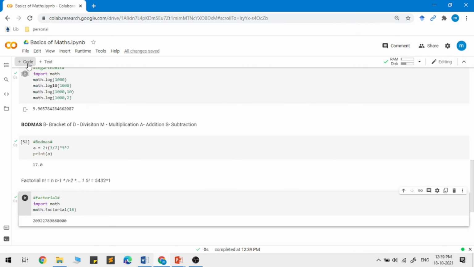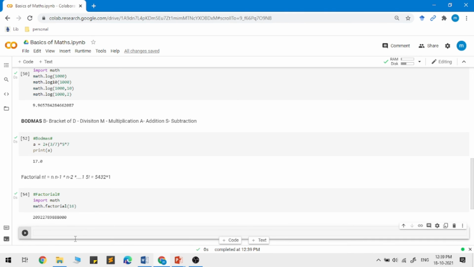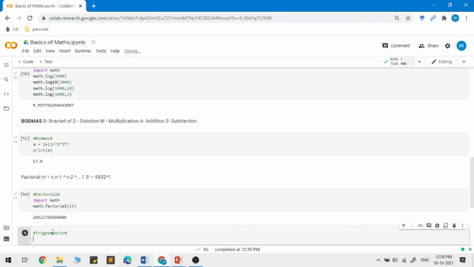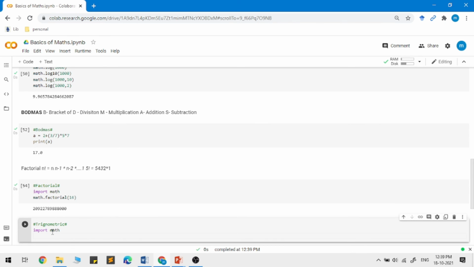In a similar way, you can find the value of sine, cos, everything. For that also, I'm using the same math function. But you'll get the values in radians, not in degrees. So for the trigonometric functions, I am importing math, and math dot cos 90.